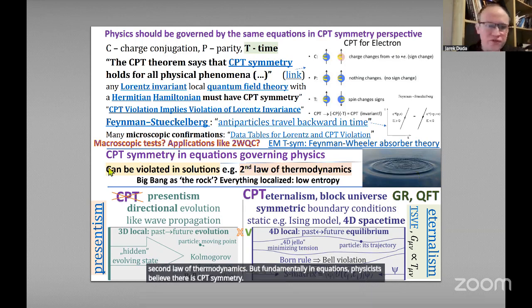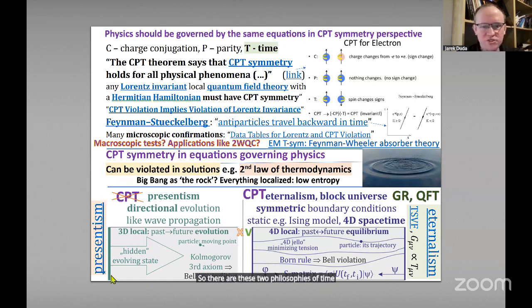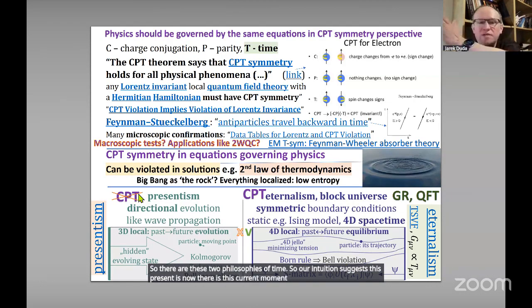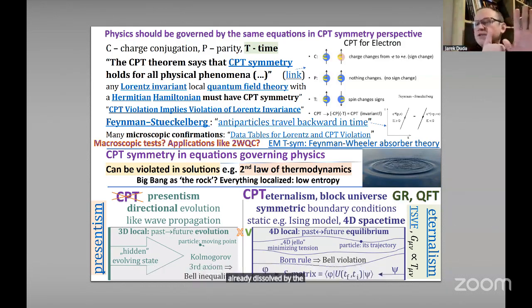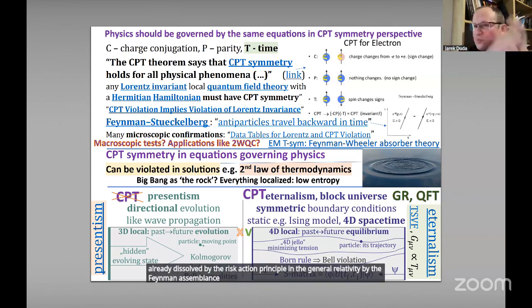So there are these two philosophies of time. Our intuition suggests presentism, that there is this current moment and it evolves forward. But modern physics is based on the eternalist block universe: general relativity, quantum field theory, where there is a four-dimensional solution already solved by the least action principle in general relativity, by the Feynman ensembles in quantum field theories, and we travel through such already found solutions.